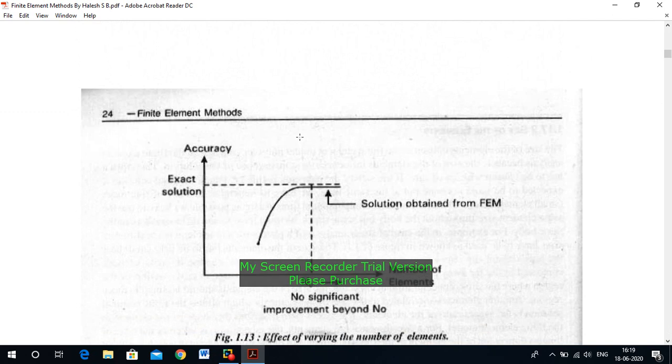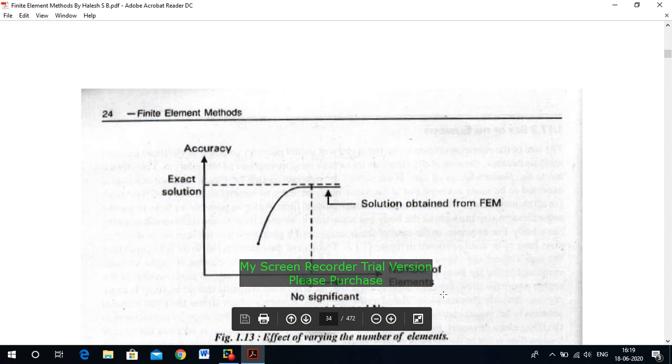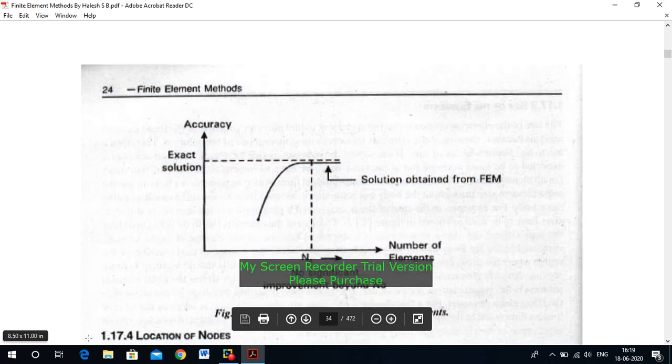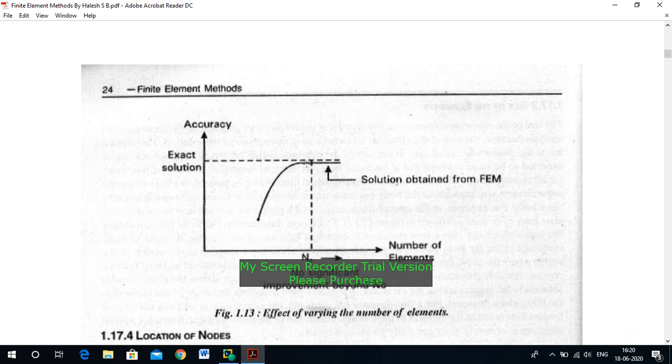Look at here in this graph. After discretization, we can plot the accuracy versus the number of elements, with no significant improvement beyond n naught. If you keep on dividing the whole geometry into smaller regions, increasing the number of elements, then at a certain number of elements, n naught, the accuracy of the solution obtained is uniform. If you go beyond this point, the accuracy of the solution is the same.